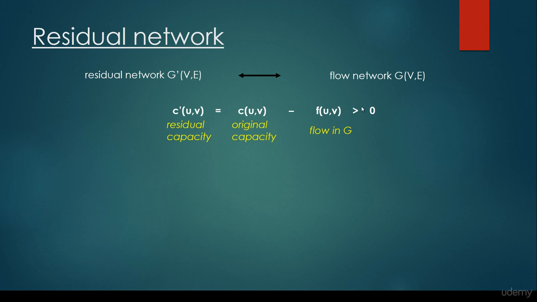And it's always going to be greater than 0 because, as you may recall, this C is going to be greater or equal than the flow. So whenever the C is equal to the flow, it's going to be equal to 0. Okay, sorry for that, it is greater or equal than 0. But anyways, the C is going to be greater than F. So it's going to be greater than 0, this C prime residual capacity.